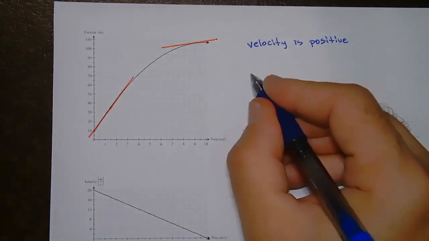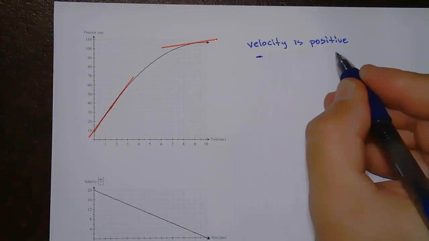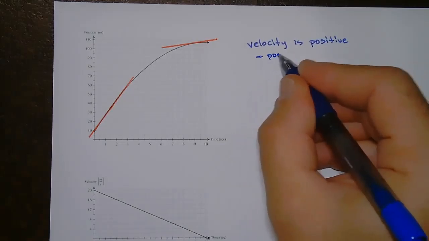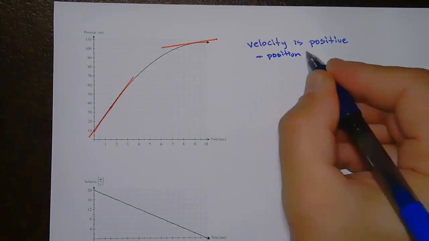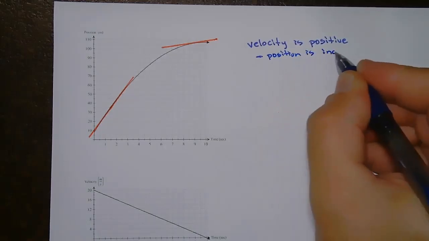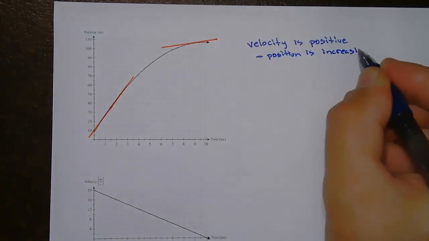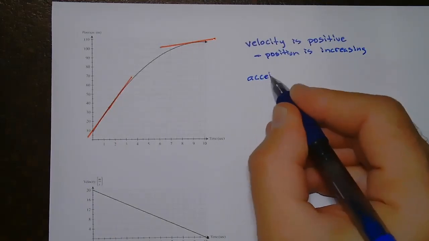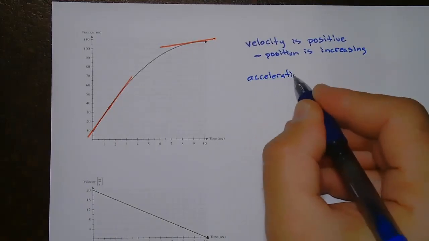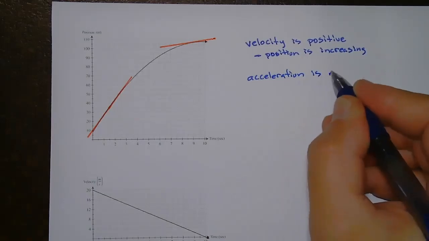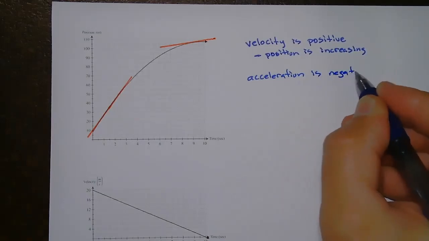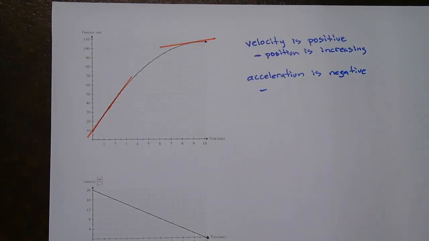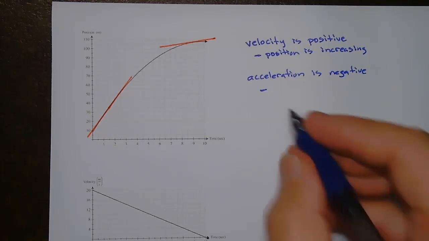So we know from this that velocity is positive because the position function is increasing. And we know the acceleration is negative because it's, for lack of a better term, bending down.